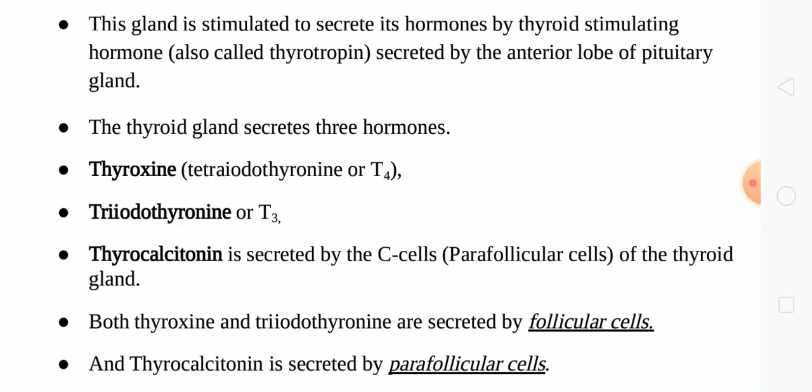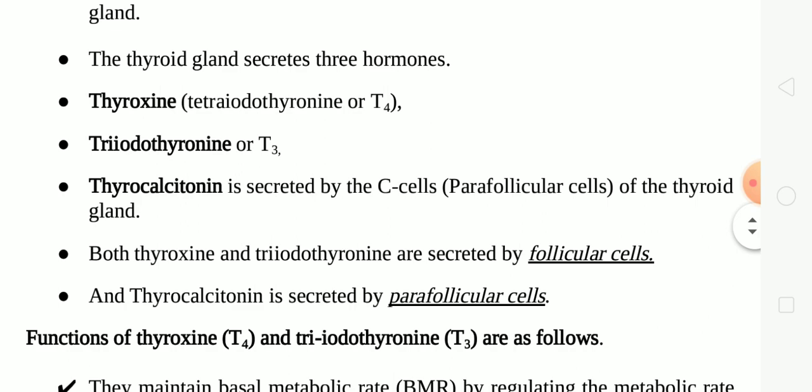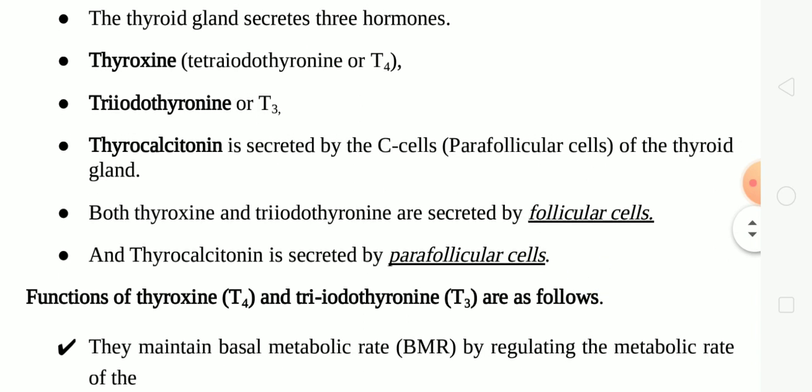and on the stimulation of the TSH, the thyroid gland will secrete three types of hormones. As I already said, they are T3 hormone, T4 hormone, and calcitonin hormone. T4 hormone is also called tetraiodothyronine or thyroxine hormone, and T3 hormone is also called triiodothyronine, and thyrocalcitonin is also called calcitonin hormone.